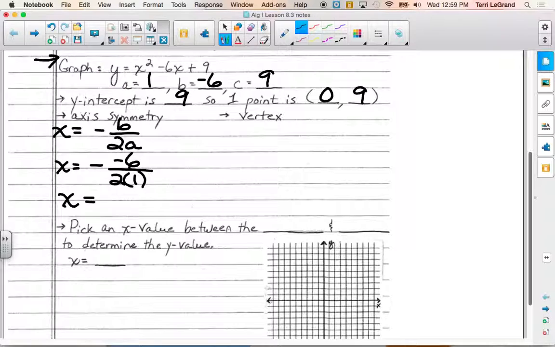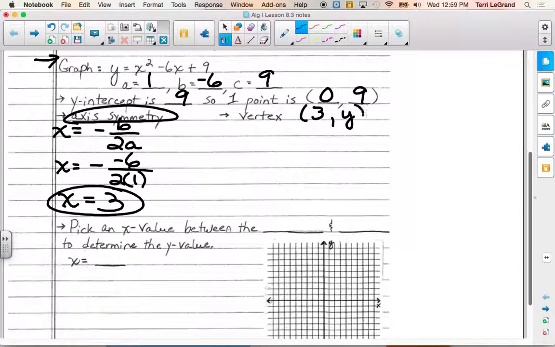The opposite of -3 is +3. So we now know the axis of symmetry, which we're going to draw today on our graphs. But that also tells us that in the vertex, we have a 3 for x, and now we have to find the y.